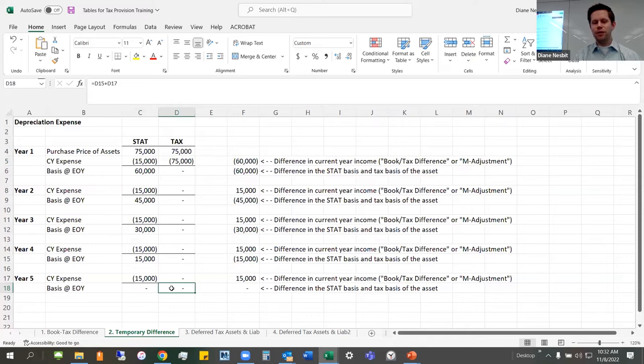So like we said, a basic example, but it illustrates what the book tax difference is in the first year and what it is throughout the rest of the life of that asset.